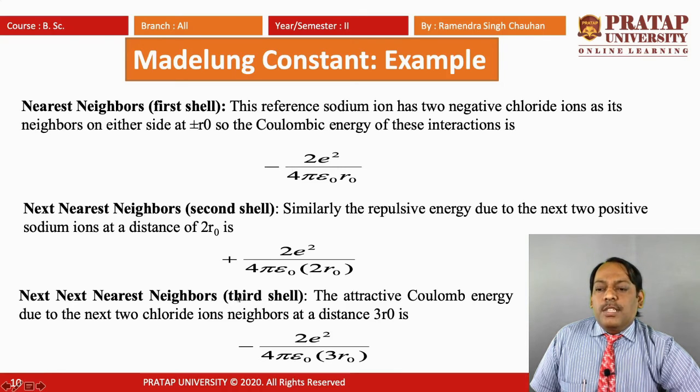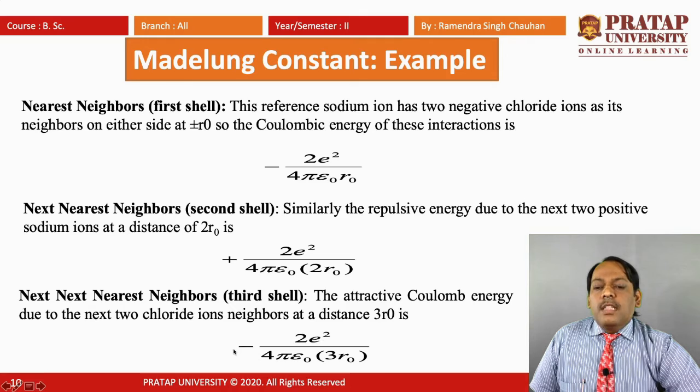And here we are having repulsive potential. Then we are again going to the next neighbors, that is the second chlorine ions. For that case the distance is 3 R naught and the charge will be the same, so we will have the potential equal to minus 2E square upon 4 pi epsilon naught 3 R naught.